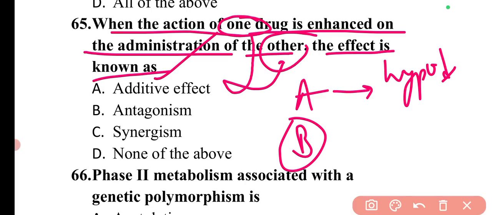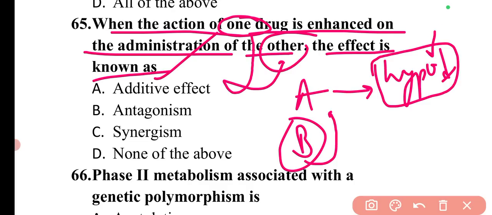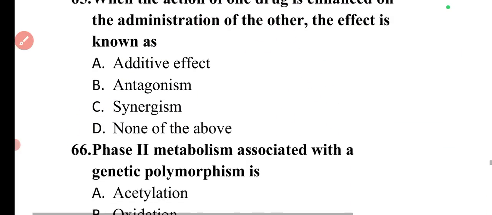If B is given along with this A drug, then the effect will be higher, meaning we will achieve it in lesser time or in some parameters the effect will be enhanced or increased. These type of reactions are synergism. So option C is correct.